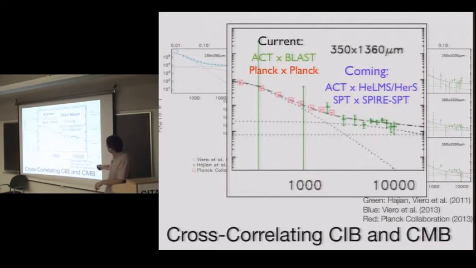And that's these green points. And really recently, in this past month, Planck put out their cross-frequency analysis between their CMB channels and their CIB channels, and they got these guys.